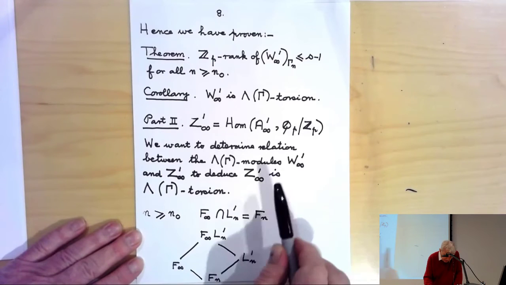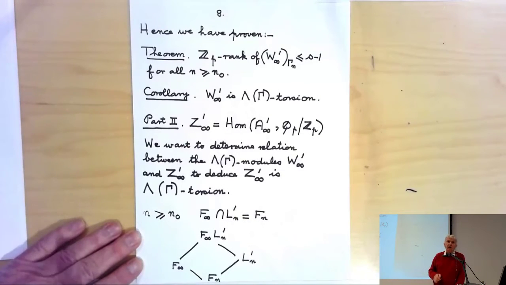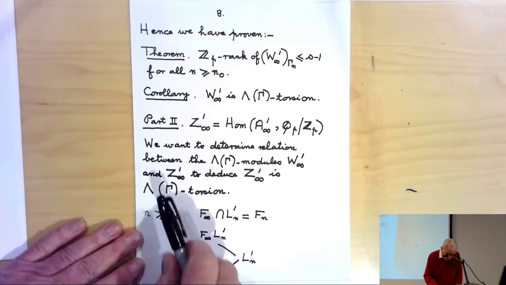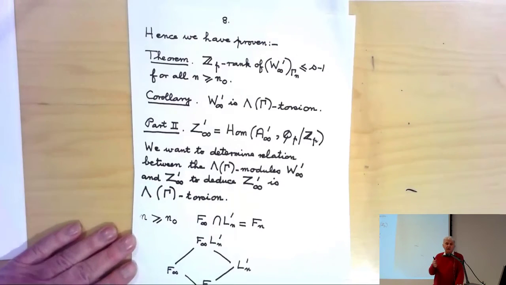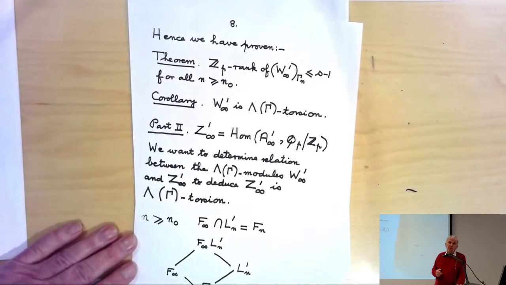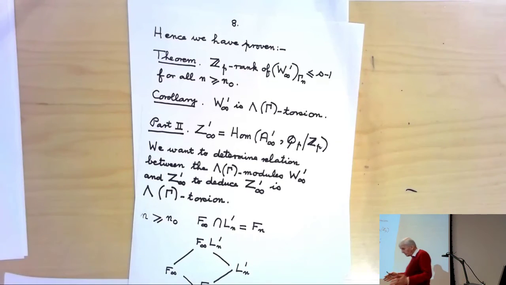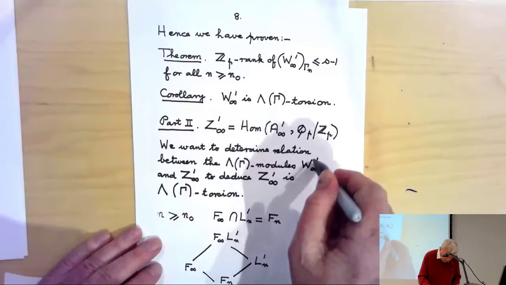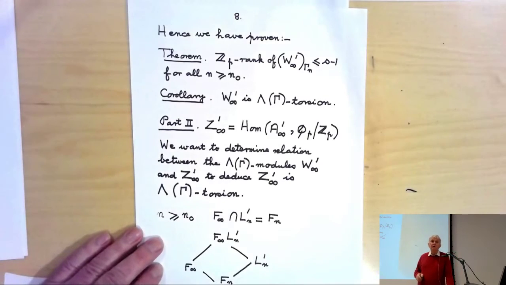So we have to work out a relation between W infinity prime, which is this Galois group as a lambda gamma module, and Z infinity prime, which is just this Pontryagin dual of the Homs of the inductive limit into Qp mod Zp. And I have to work out a relationship that will enable me to deduce from the fact that W infinity prime is lambda gamma torsion, that the same will be true for Z infinity prime.